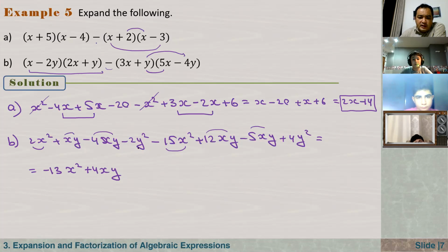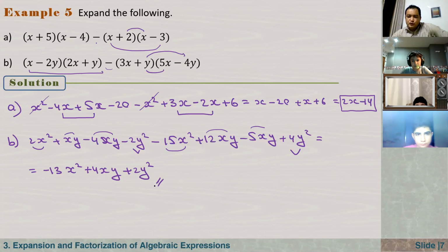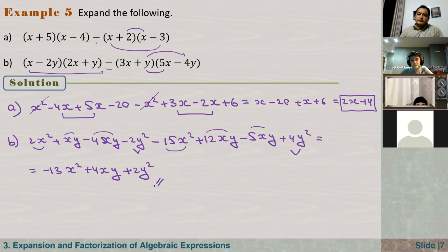Okay, these are gone. And here we have minus 2y squared plus 4y squared, so that is plus 2y squared. Ibrahim, is it correct? Yes. Are you sure? Yes. Okay.